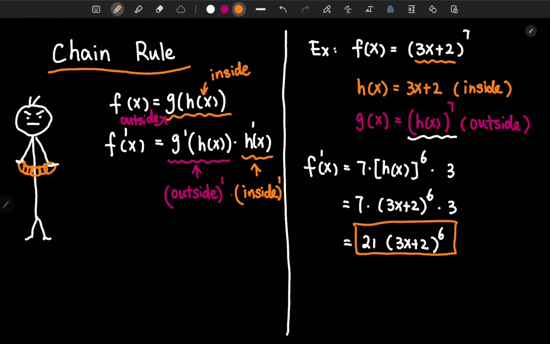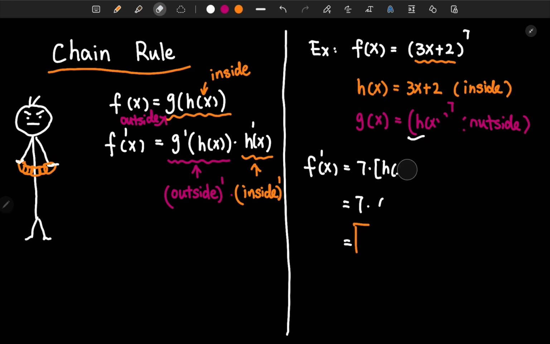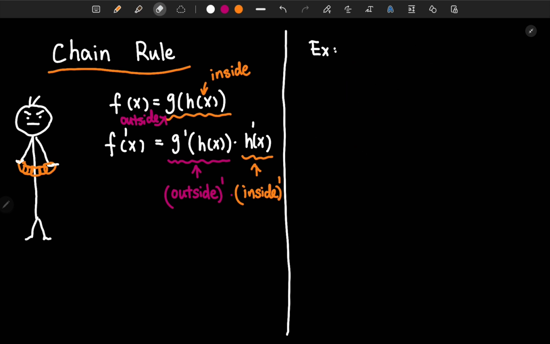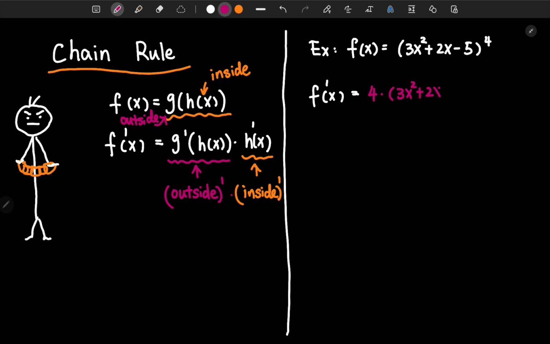Okay, let's try a slightly different example. The derivative of that will be, first, the derivative of the outside function, for which we bring the 4 down and keep what's inside the parentheses the same: 4 times 3x squared plus 2x minus 5 to the 3rd power.